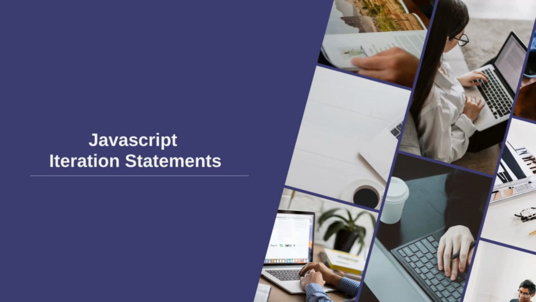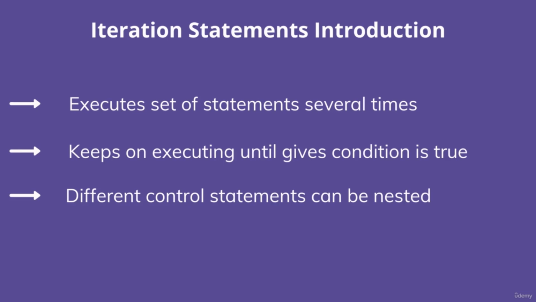In this video of JavaScript, we are going to start the iteration statements, normally called loops. In basic programming, it is a very obvious situation that we come across where we need to execute some set of statements continuously multiple times, probably with different values.